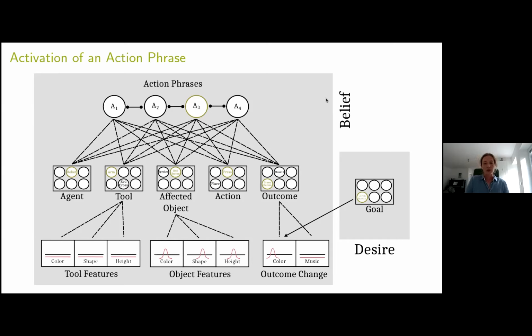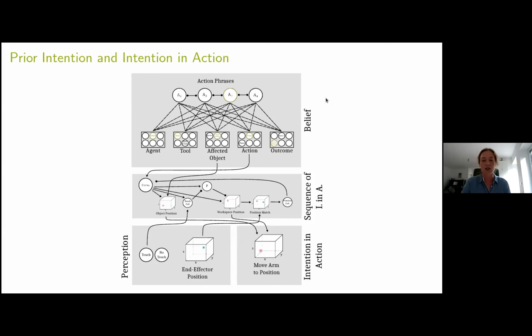Okay, so now let's take a look, once this action phrase was activated, at how the action concept is connected to the model surface. In the example of pressing the button, this concept node would be connected to the more complex sequence of intentions and actions of pressing, which is moving the arm down until it touches the button.